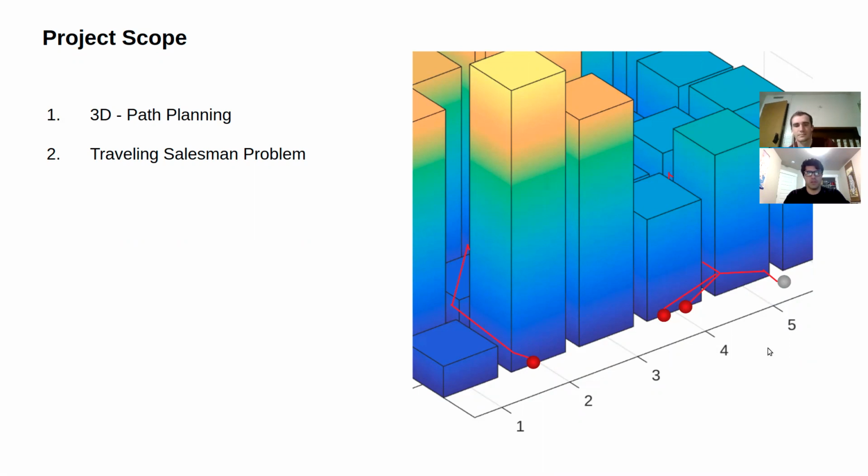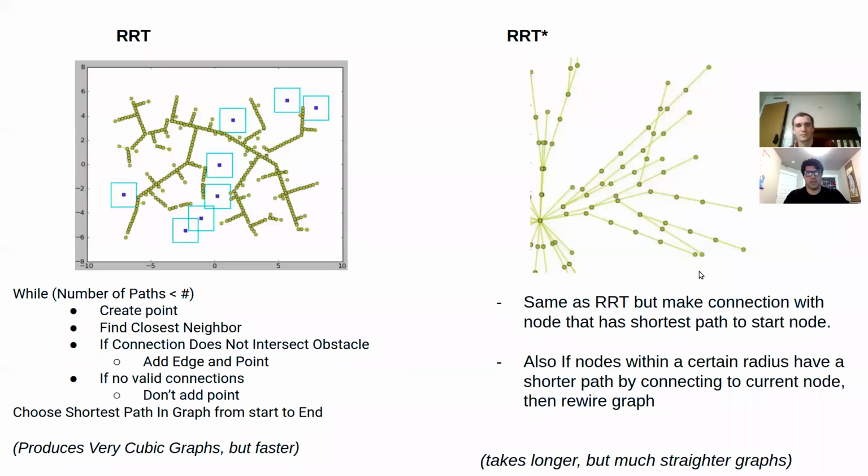Yeah. So to talk a little bit about the path planning portion, the 3D path planning, there's a variety of ways to do this. We chose to do this using RRT. RRT stands for rapidly exploring random tree. It creates a random point in space, starting out with an initial node or point, and looks for the closest point in space and makes a connection with it.